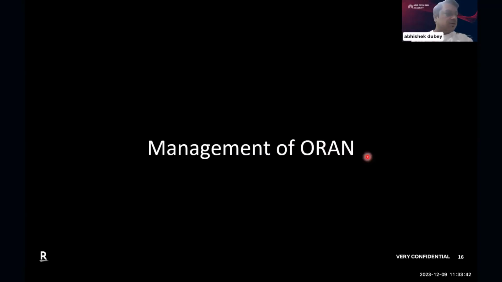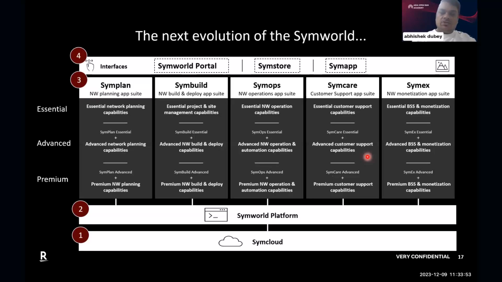Now the next one is management for Open RAN. So let's go to the next part. If you remember, I told you about the pillars of Rakuten Symphony and the functionality we are offering. I started with the unified cloud.